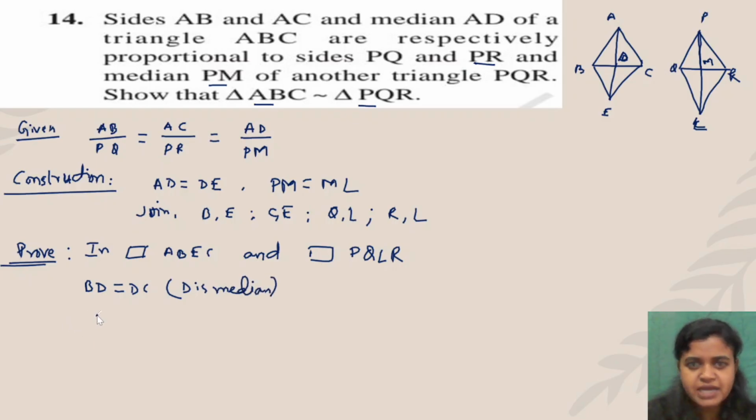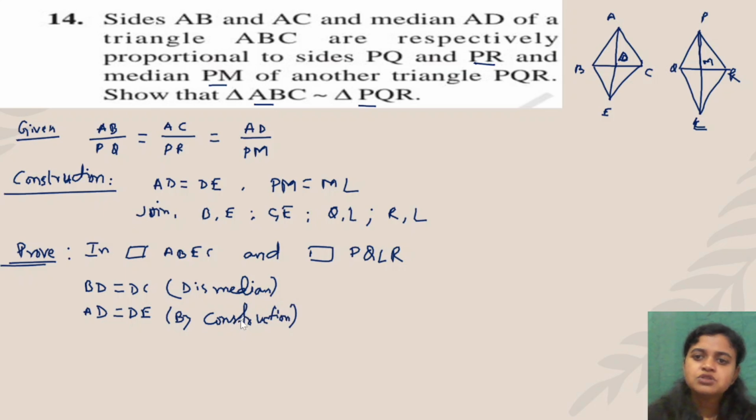And by construction, AD equals DE. So in quadrilateral ABEC, BD equals DC and AD equals DE, and we can observe that AE and BC are diagonals. When two diagonals bisect each other, the quadrilateral is a parallelogram.